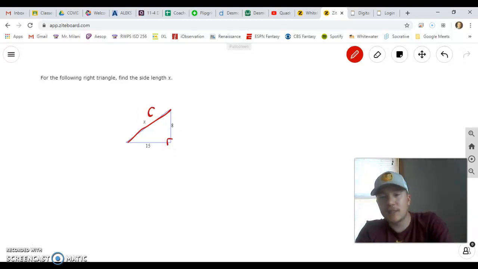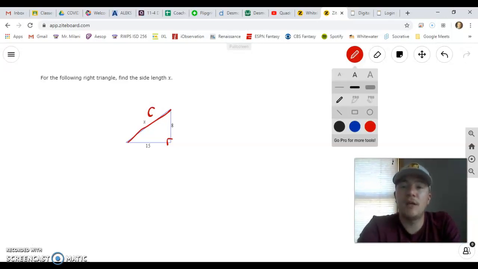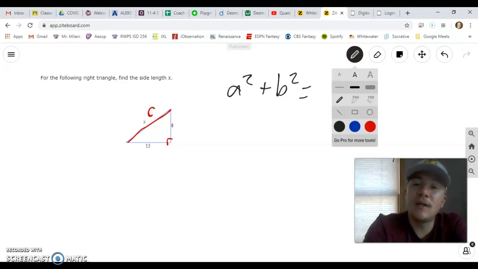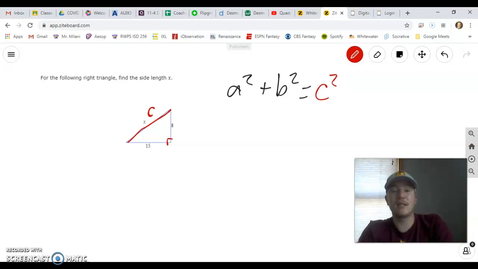They're going to present it as x or any other variable. It doesn't matter what they're saying. But in terms of the Pythagorean theorem, a squared plus b squared always equals c squared. That's your hypotenuse. So your missing side today is the hypotenuse.